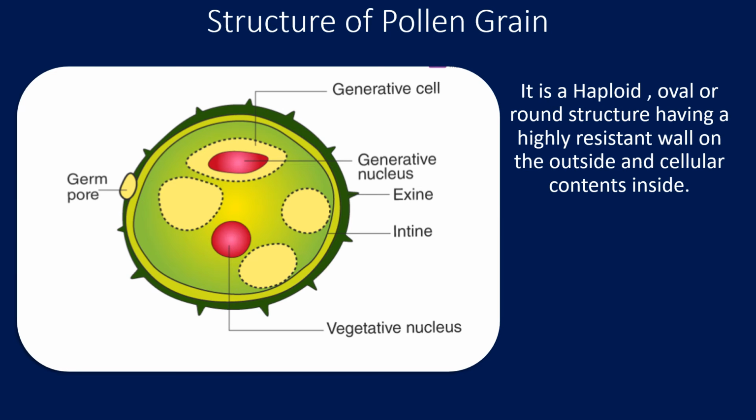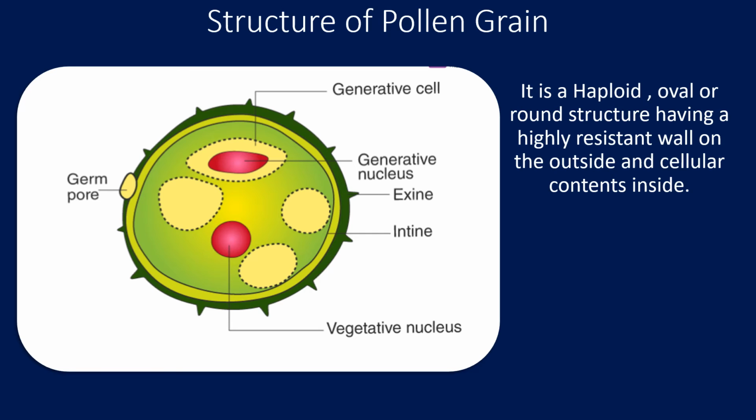Now we discuss the structure of the pollen grain. It is a haploid, oval or round structure having a highly resistant wall on the outside and cellular content inside. First, the exine layer. The wall of the pollen grain is called sporoderm.